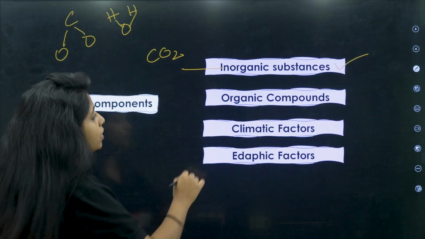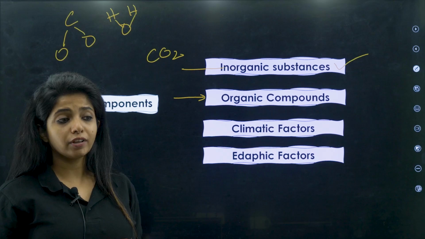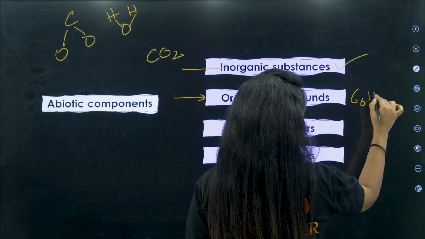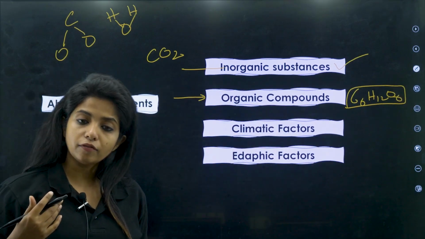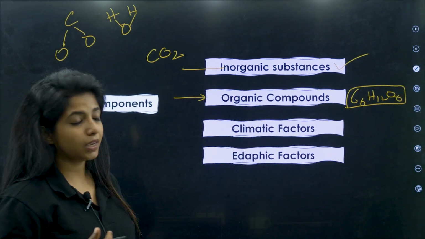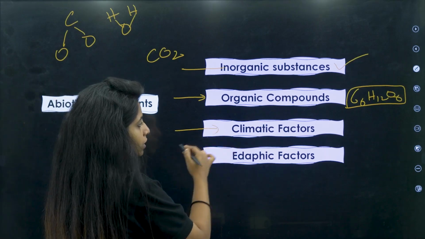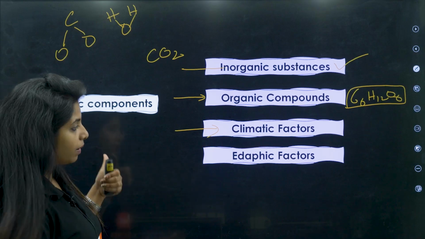Then there is something known as organic substances. For example, C6H12O6, glucose, is an organic substance. Similarly, you have lots and lots of organic substances in our nature. Then there are climatic factors, the air and so on, which come under abiotic things.